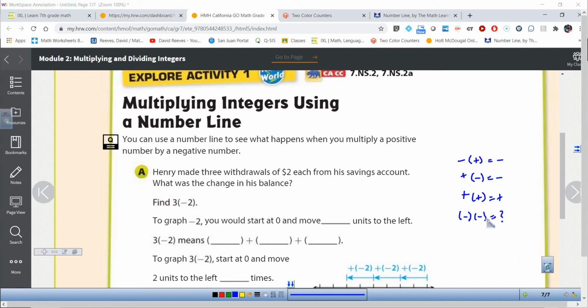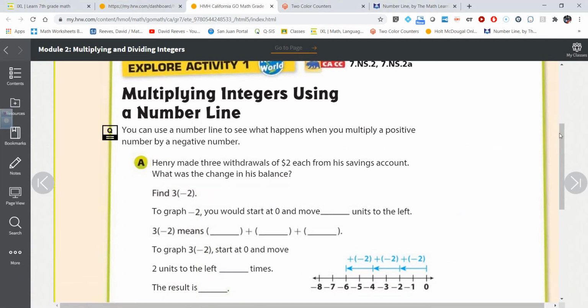Okay, and how do you show that with counters, and how do you show that on the number line? Well, this is where it gets tricky, all right? Because we were saying that this positive number every time told us how many groups we had, right? But you can't have a negative number of groups. Okay, so this is where the idea of opposite comes in.